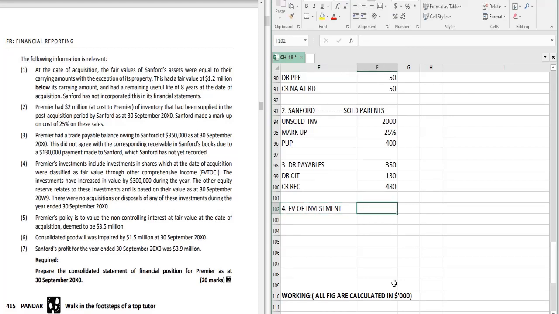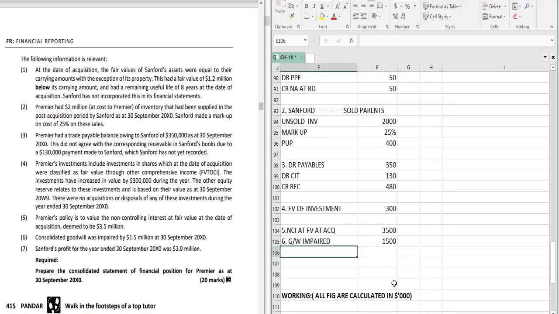Okay, so the amount is 300. We have taken the 000 as common. So number 5. Premier's policy is to value NCI at fair value, at the date of acquisition deemed to be 3.5 million. It means NCI at FV at acquisition is 3500. And number 6, the goodwill impairment is given in the question. The impaired amount is 1500. Okay.